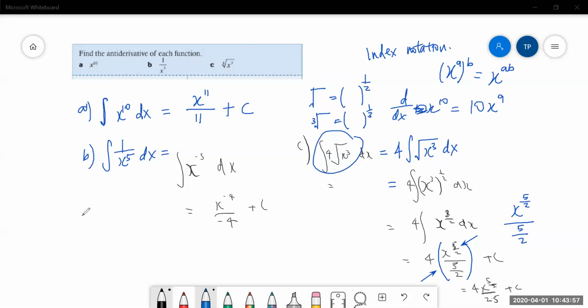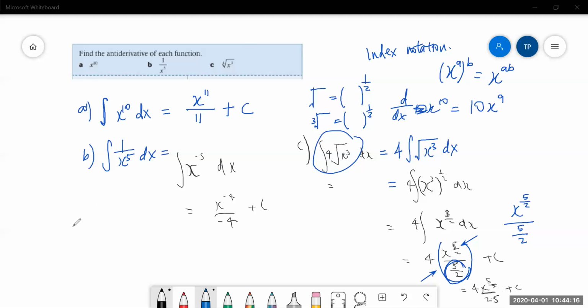Usually what I will do is this. Because you're dividing by 5/2, right? When you divide by 5/2, it will flip. You know that, right?